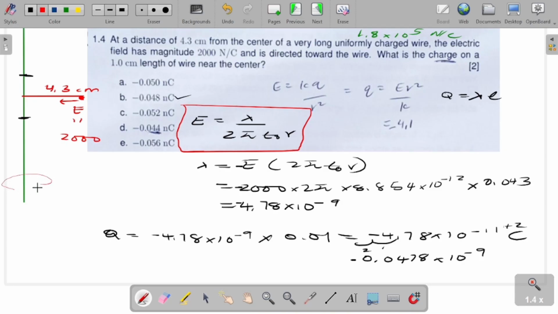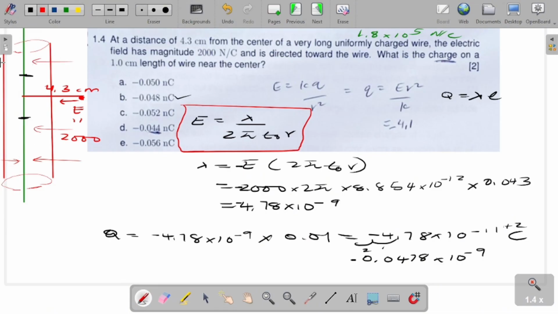So we can use a shape which is symmetric to our line, which is a cylinder. Our cylinder doesn't have to be infinite, it can be finite. So this is our cylinder, and we enclose our line in it.